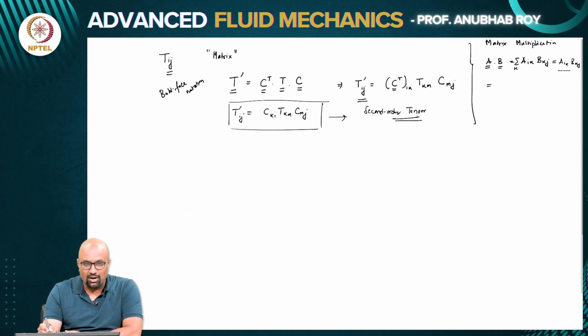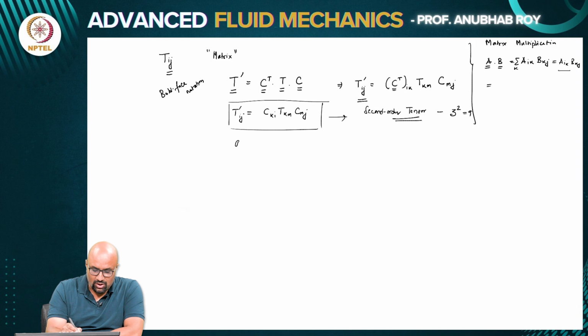So, it is a second order tensor in 3 dimensions, which is why it will have 3 squared, which is 9 elements. That is again what we said before, that if there is a 3 cross 3 matrix, you will have 9 elements. So, a second order tensor is an object which transforms under this rule.